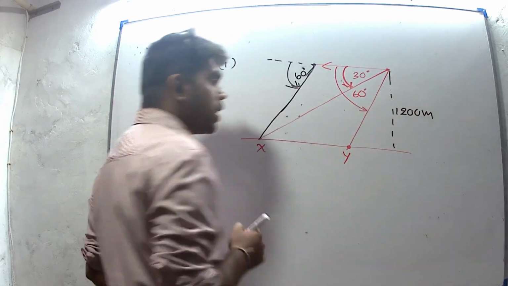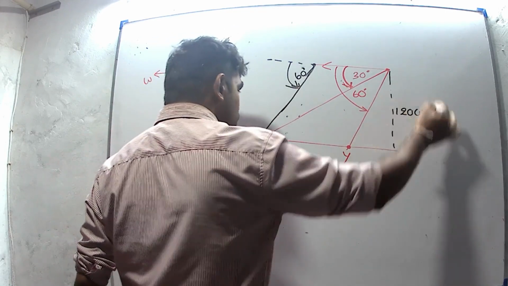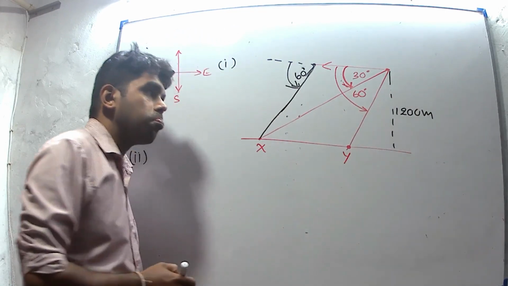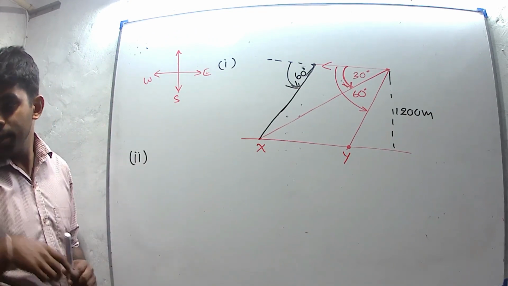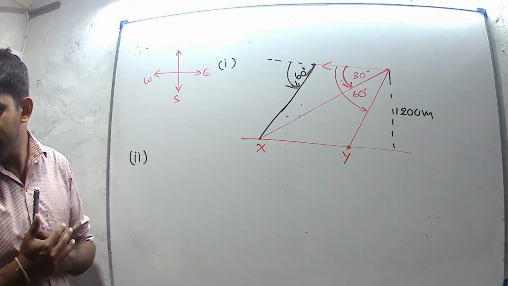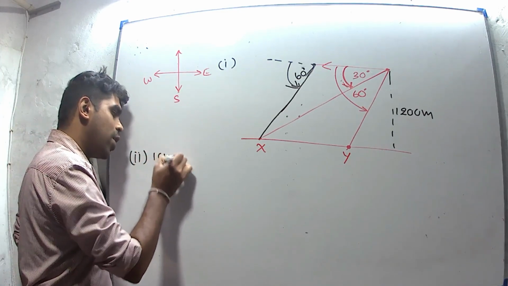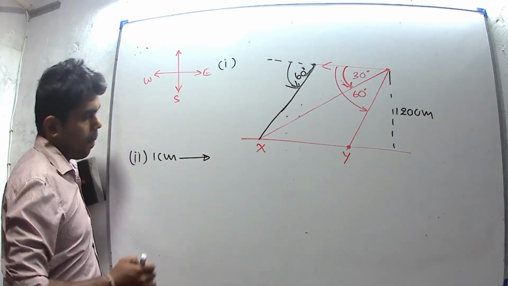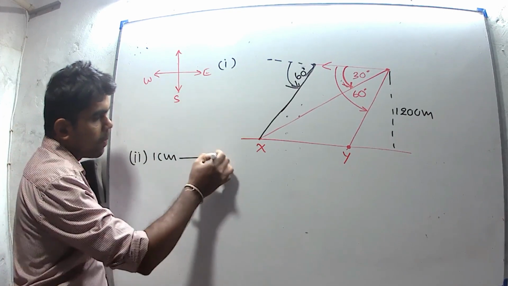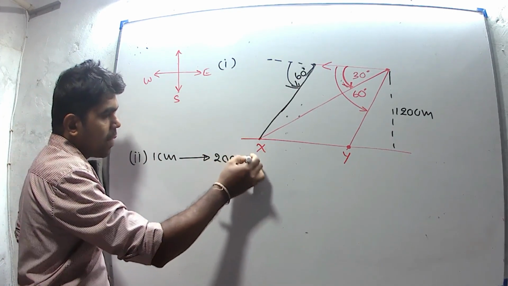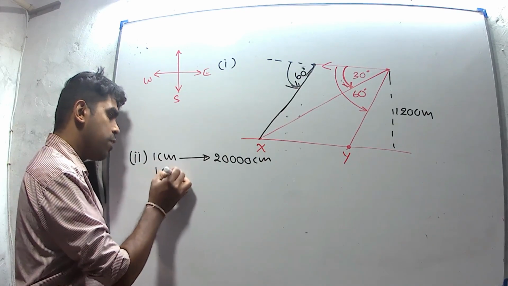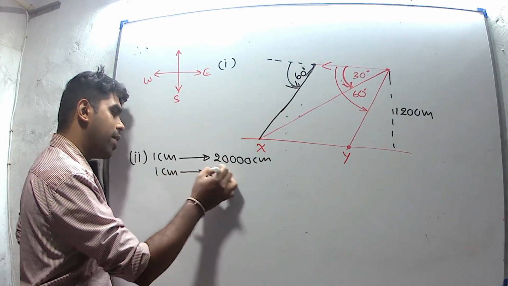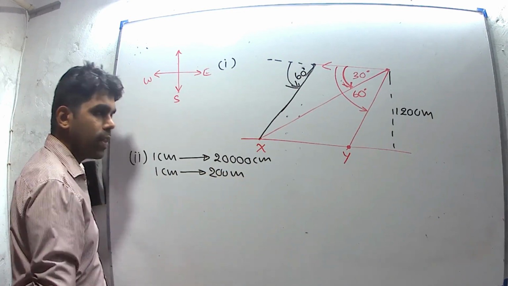We have to represent this value using the scale. Then we can consider 1 to 20,000 means 1 centimeter of scale diagram representing 20,000 centimeters of actual length. 1 centimeter of scale diagram represents 200 meters of actual length.